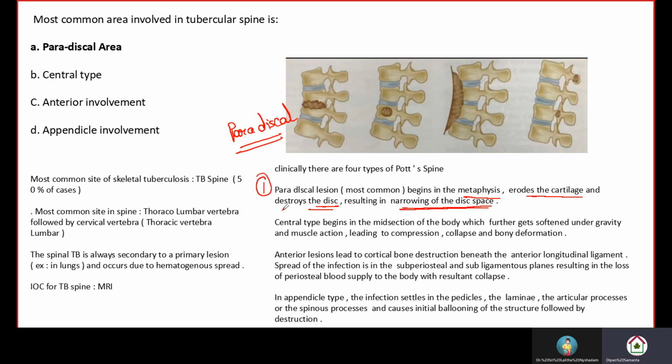This is number one. Number two, central type. It begins in the midsection of the body, gets softened under gravity and muscle action, leading to compression, collapse, and bone deformation. Third type, anterior lesion, leads to cortical bone destruction beneath the anterior longitudinal ligament.